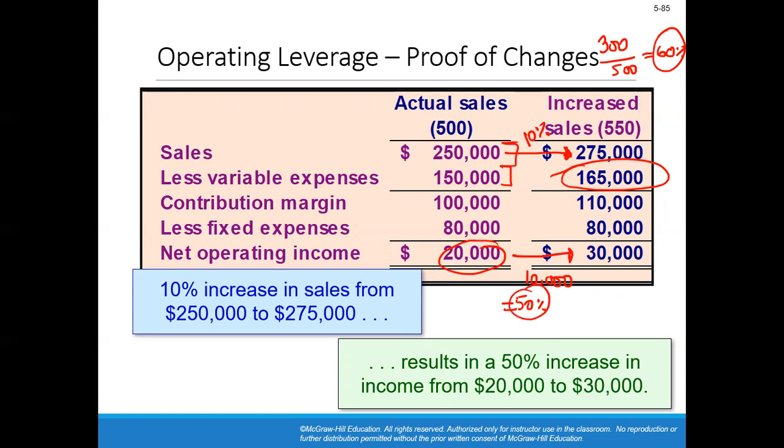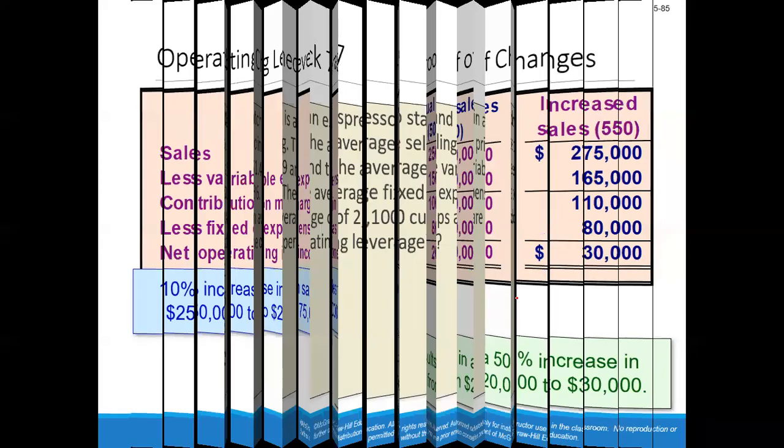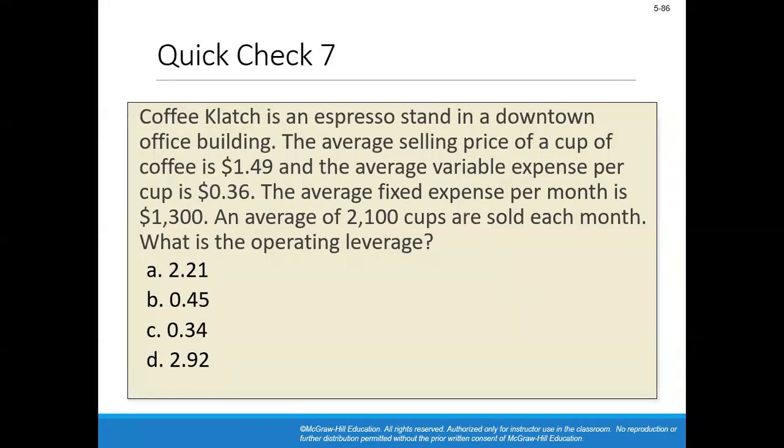This is how we can verify what we have solved. Okay. So it is a quick check that you have learned the concept, and you are asked to determine the operating leverage. Okay.